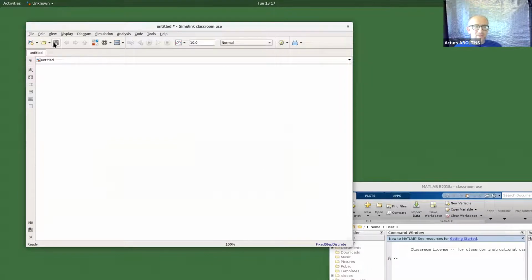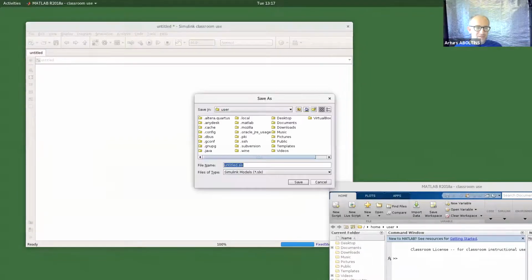Second thing you should do is to save your model because it could crash. And of course, if the machine restarts, you will lose your work. But there is no way to save it somewhere on the network drive. So you must be very careful to not compromise this computer, but sometimes it restarts.